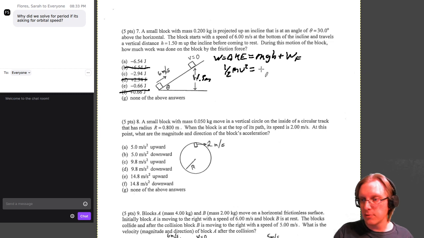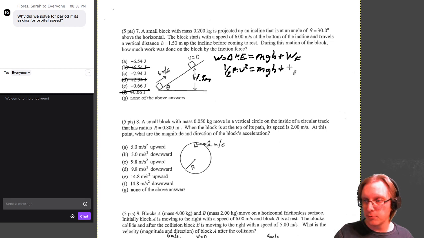And see, this is what I mean by putting my friction on the final side. So our initial energy is just our kinetic energy, and then we have our potential energy. Our potential energy final, because we're at the top of this hill, is on the final side.